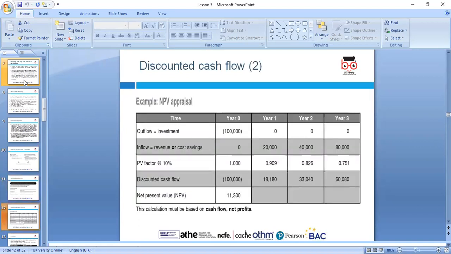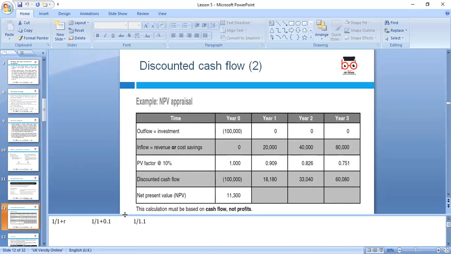Okay, so here is the example. If you're looking to invest 100,000 and at the end of years one, two and three you're getting 20,000, 40,000 and 80,000, what is the real value of the money you get after 1 year? You can find the formula online as well: 1 divided by 1 plus R is the discount factor.